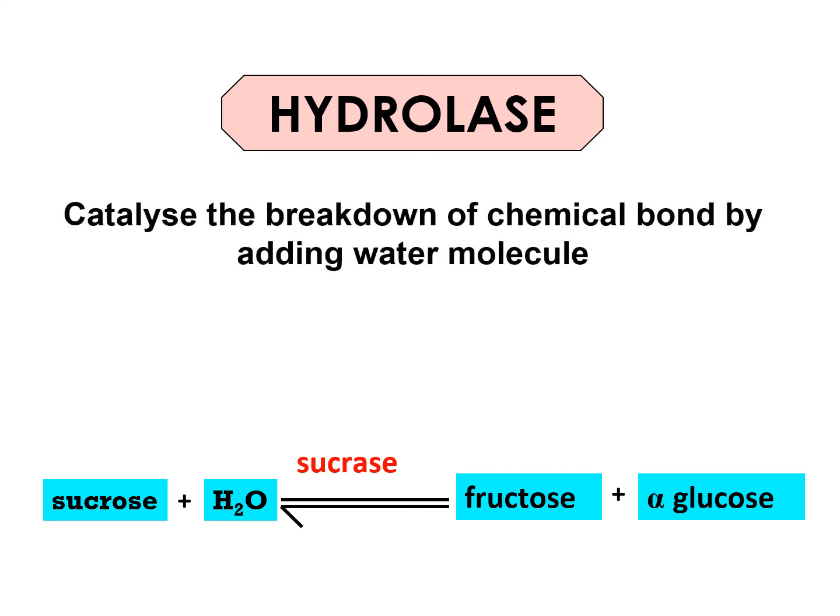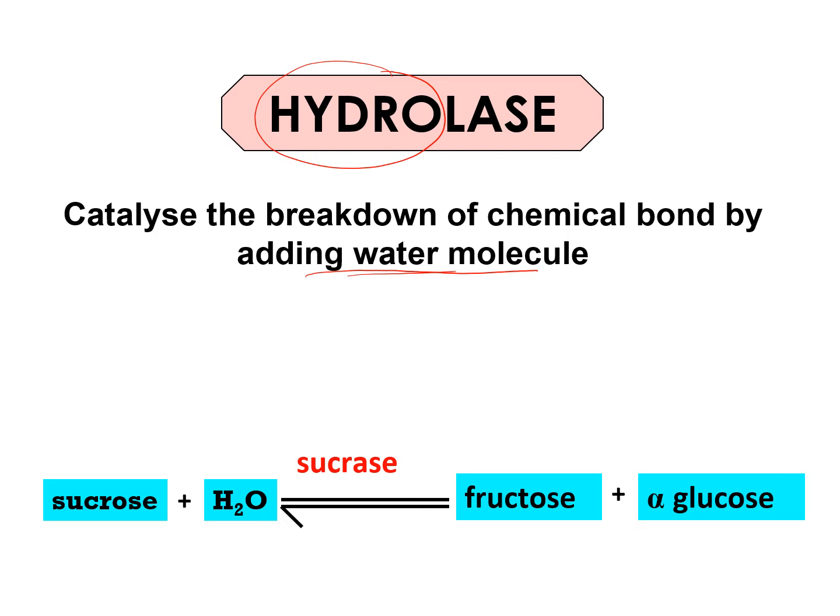Hydrolase. Hydrolase enzyme catalyzes the breakdown of chemical bond by adding water molecule. Okay, hydro. So by adding water molecule. In this example, sucrase is the enzyme that catalyzes the addition of water to sucrose, thus converting the molecule into fructose and alpha glucose.